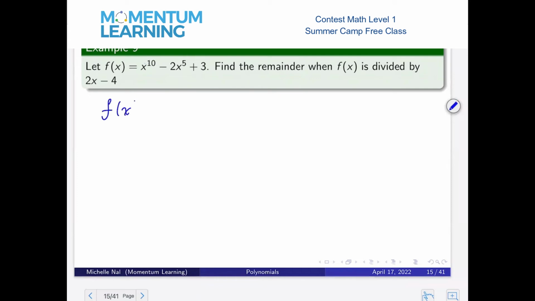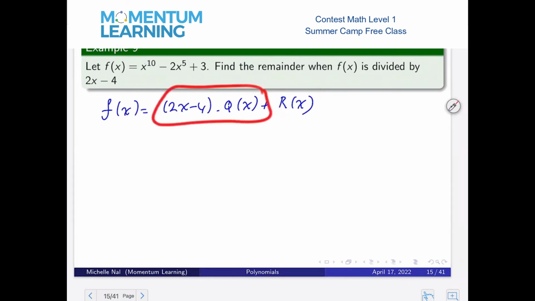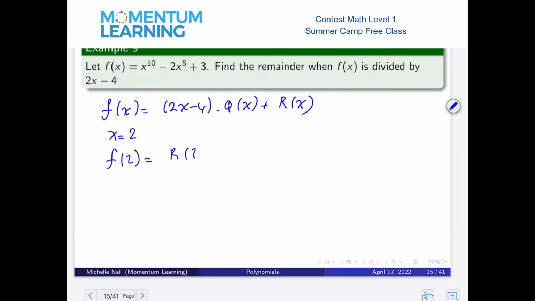F of x is equal to 2x minus 4, my divisor, times the quotient. Remember, I'm dividing by a linear expression, so my remainder is going to be a constant. Again, to find the remainder, I don't care about this part. To get rid of it, we plug in x equals 2. So that means f of 2 is equal to r of 2.